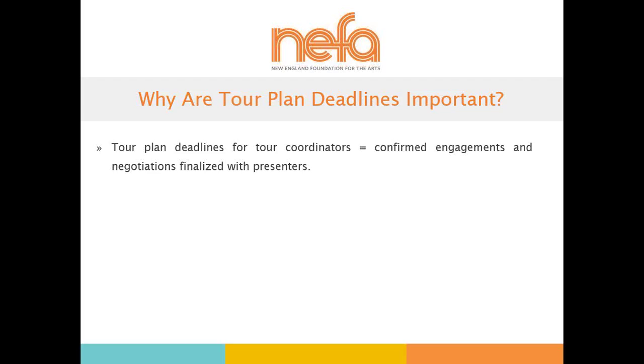For instance, the size of the tour, if it's a smaller scale project with not a lot of technical specifications, or if it's a really big project with a really big company and a huge set, that's going to impact their fee, and it's going to impact how much they're able to offer you of their subsidy. Certainly the number of performances that a company is going to be asked to do will also impact that, as well as if they're going to be in town longer.